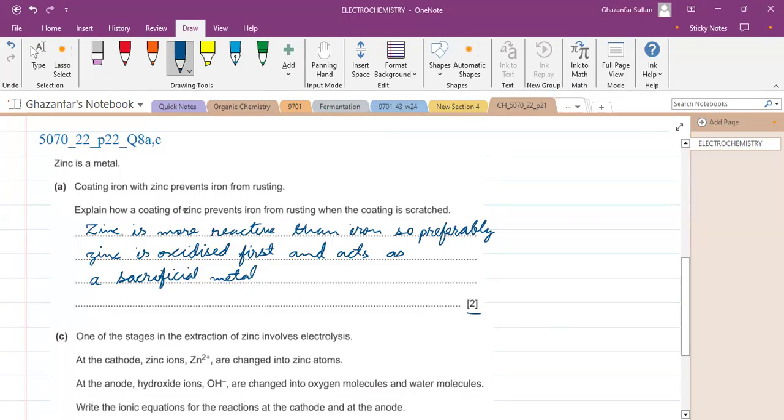So thus a coating of zinc prevents iron from rusting.